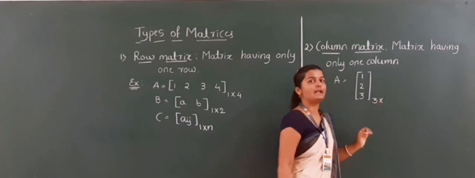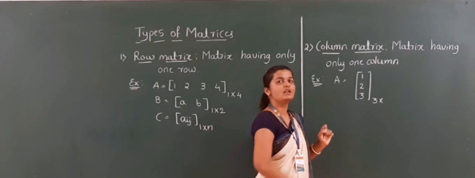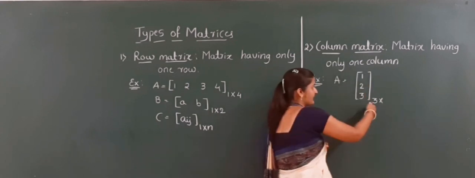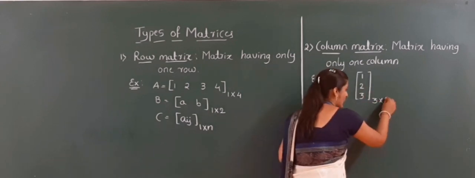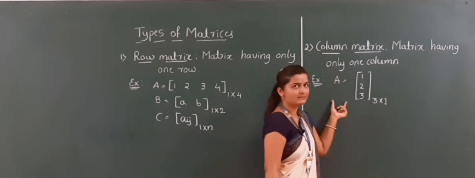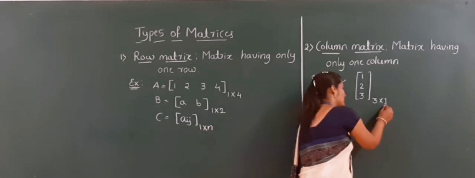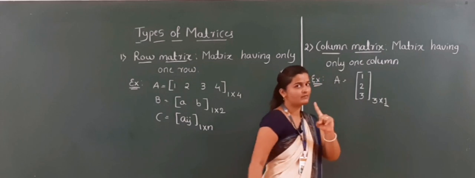Cross symbol. And the number of columns: tell me what the number of columns is. Columns means vertical lines like this. So a total of 1 column is present. So 3 by 1 is the order of this matrix, and this is the column matrix because the number of columns in this matrix is 1.